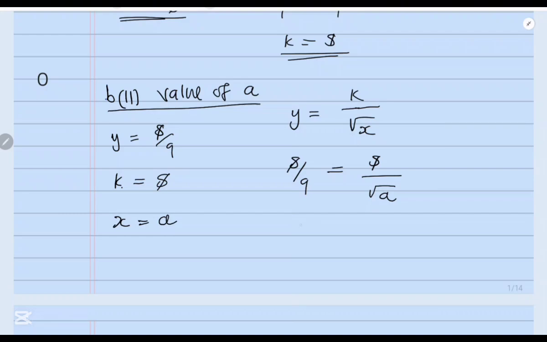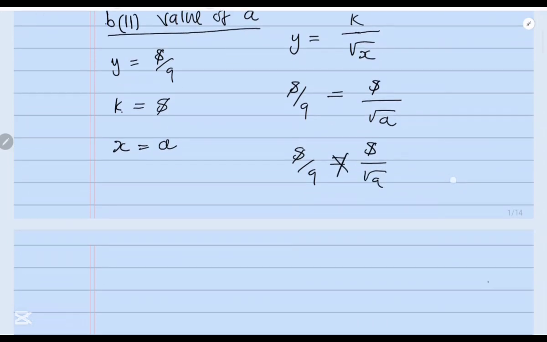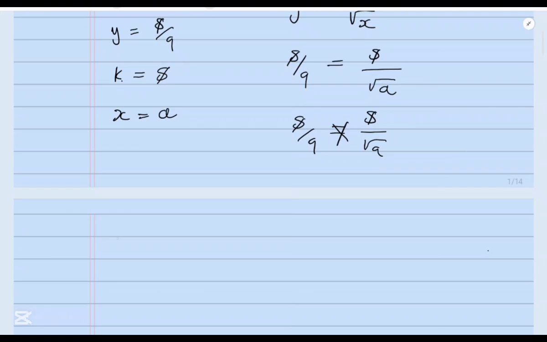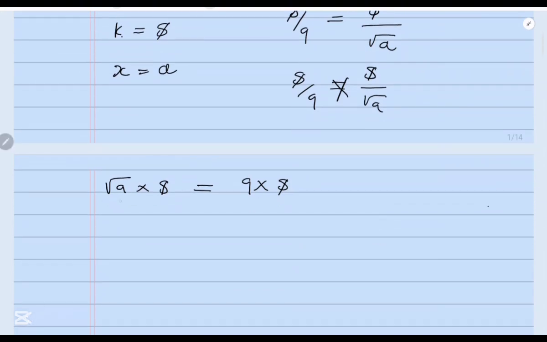Since we have 8 over 9 equal to 8 over root of a, you can cross multiply. We multiply root of a by 8, which equals 9 by 8. So we have root of a multiplied by 8. Since this is a root and a variable, if you multiply them you get root of a times 8.